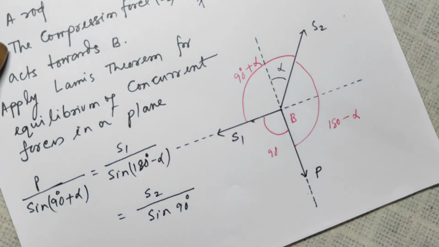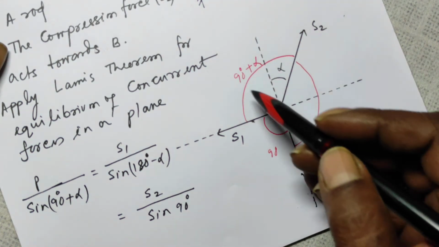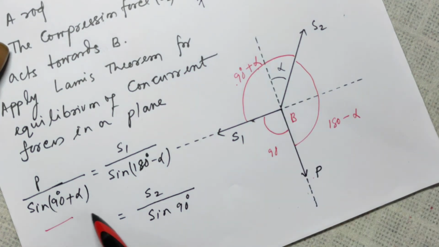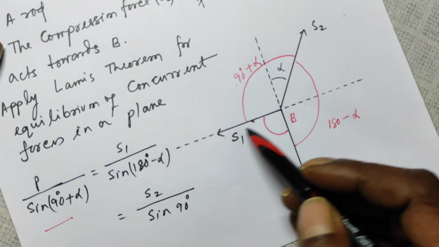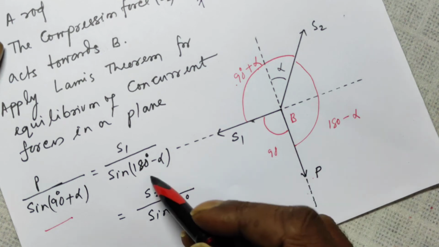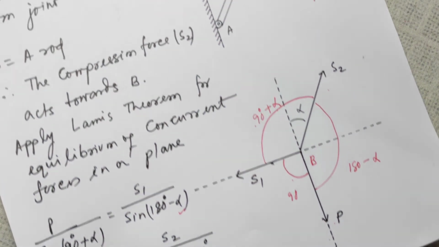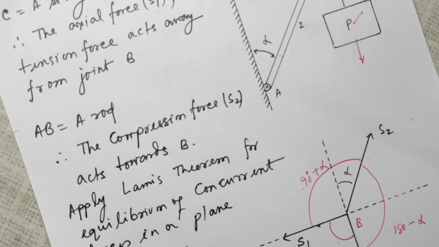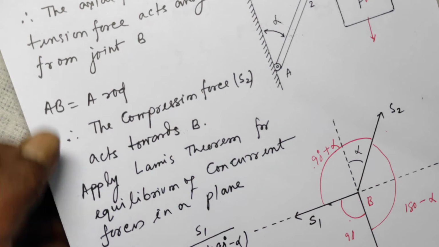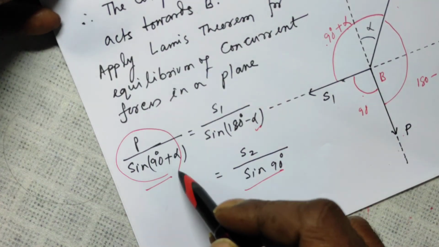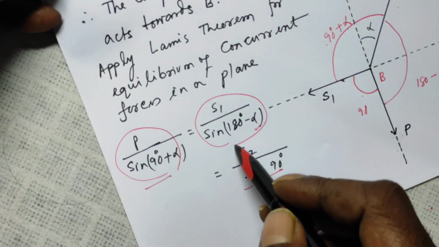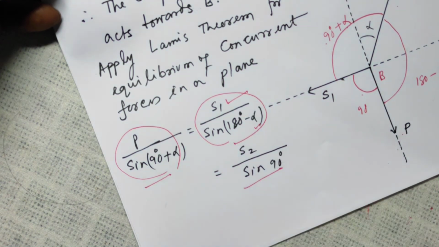Just apply Lami's theorem. Therefore, P over sine of 90 plus alpha will be equal to S1 over sine of 180 minus alpha, will be equal to S2 over sine 90. So you consider these two first, cross multiply and find the value of S1.